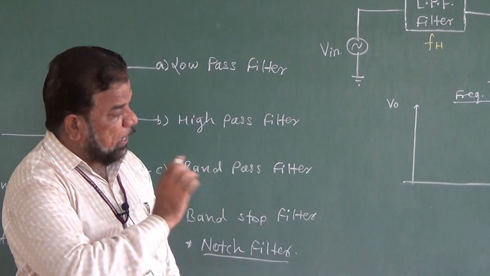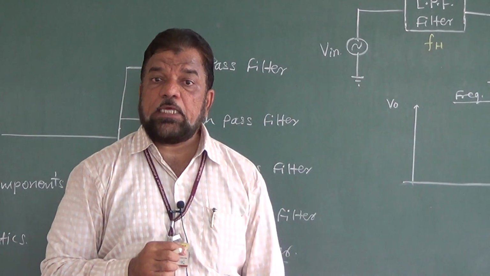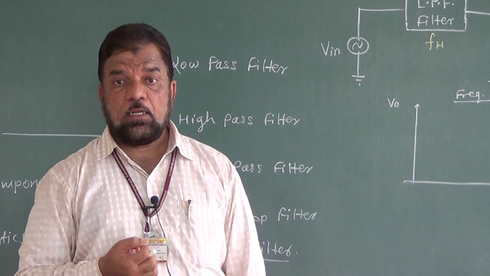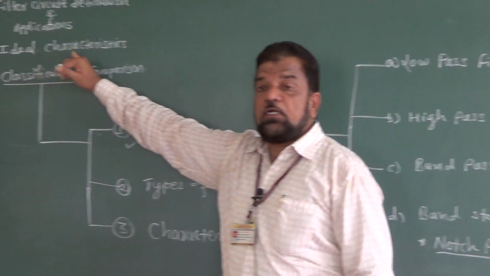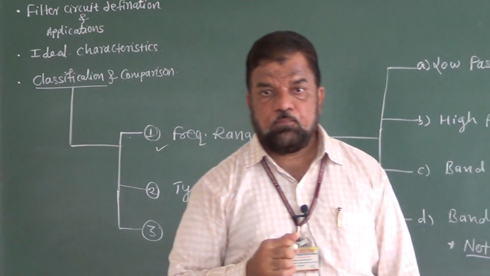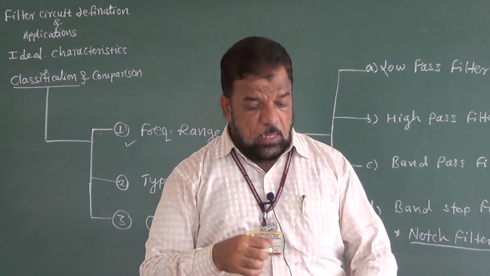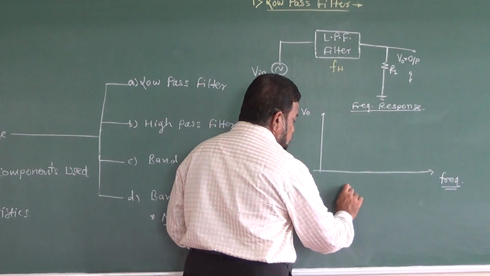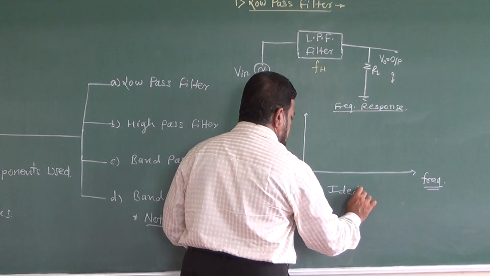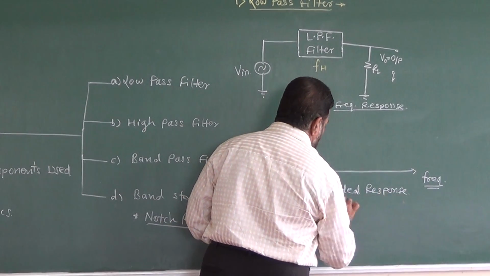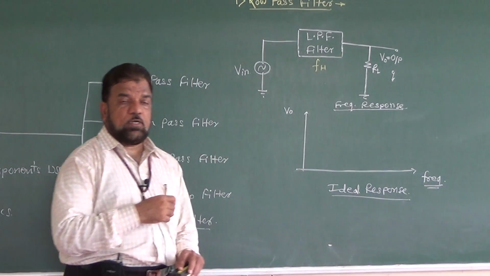So here we will have two different graphs. One is an ideal graph, another one is a practical graph. That means if I take a filter circuit to be ideal, how the response will be, and for a practical circuit how the response will be. So if I draw the ideal response first, let us recall the definition of an ideal filter.